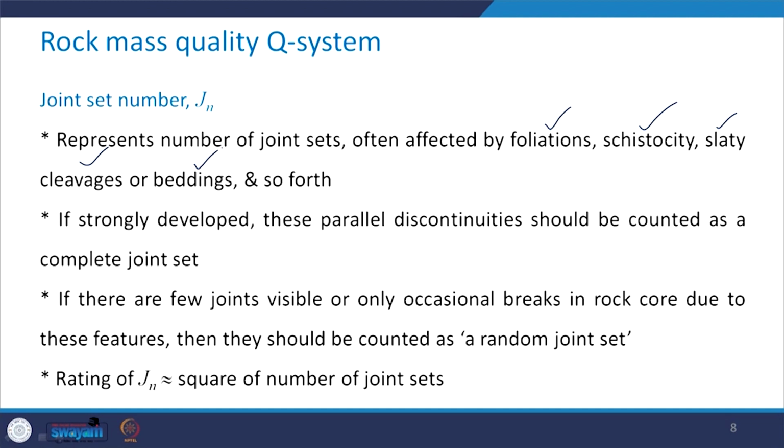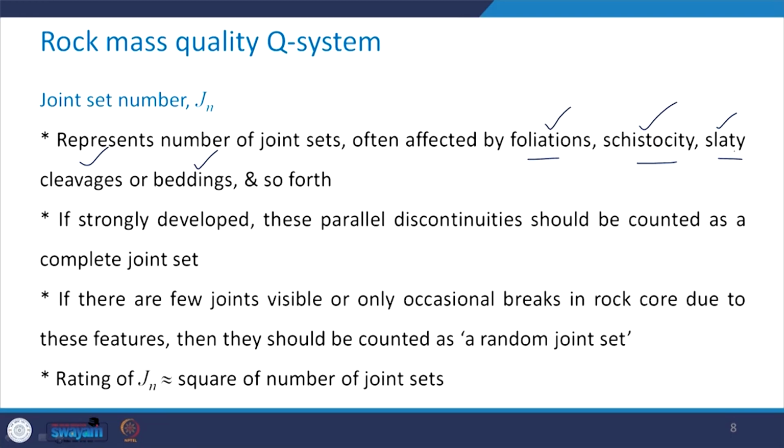Now, if the joints are strongly developed, these parallel discontinuities should be considered as a complete joint set. But if there are few joints which are visible or there is only an occasional break in the rock core due to some of these features, then they should be counted as a random joint set.